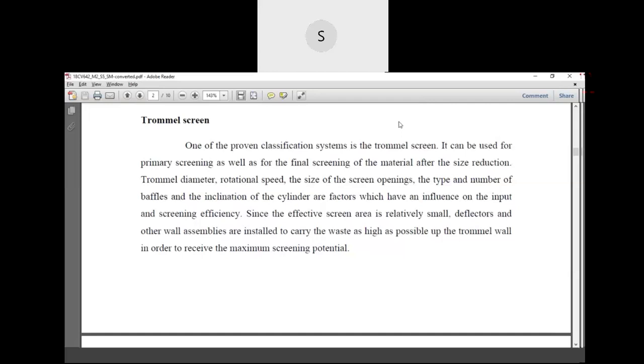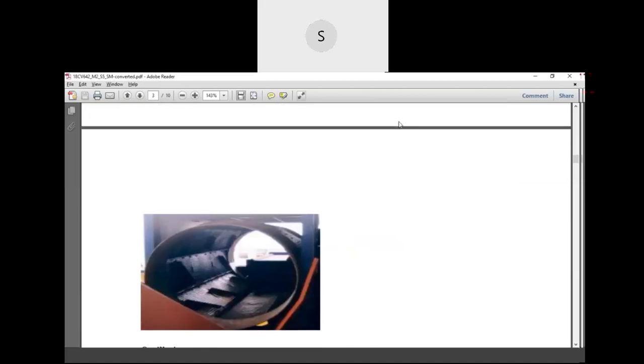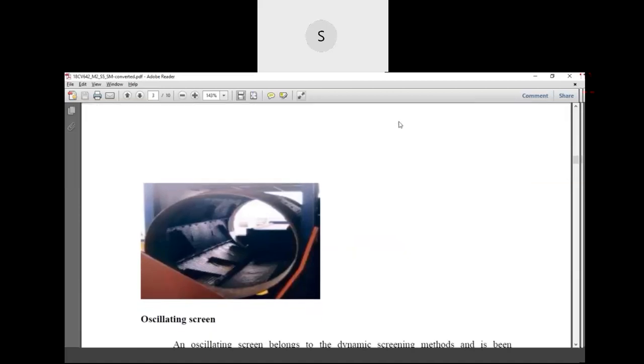Since the effective screen area is relatively small, deflectors and other wall assemblies are installed to carry the waste as high as possible up the trommel wall in order to receive maximum screening potential. So this is the pictorial view of the trommel screen.